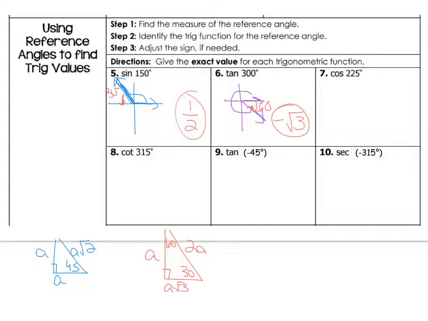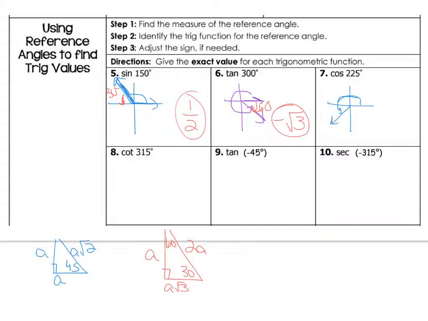Okay? All right, let me do one more with you and then let you try some on your own. So 225 degrees. Where is 225 degrees? Well, that's going to be 180 plus another what? 45?